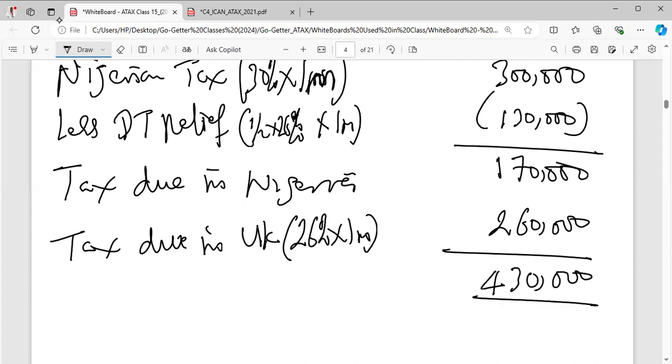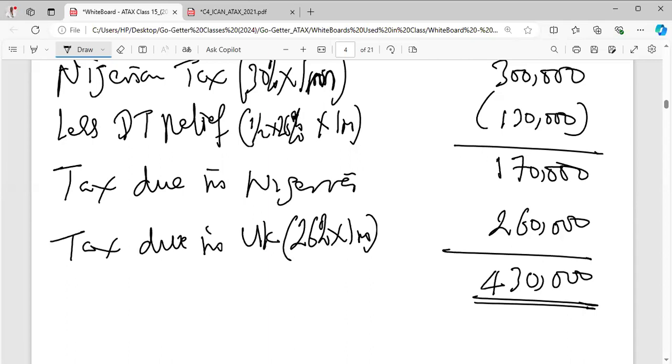That is what is going to be paid. So in Nigeria, it's paying 170, which has been discounted by half of the UK tax, which is the relief Nigeria will give. Then you will pay 170 in Nigeria, then you will go and pay 260 in the foreign land.